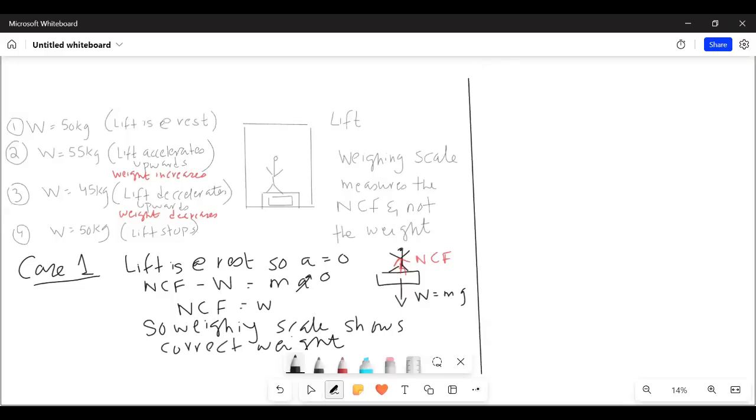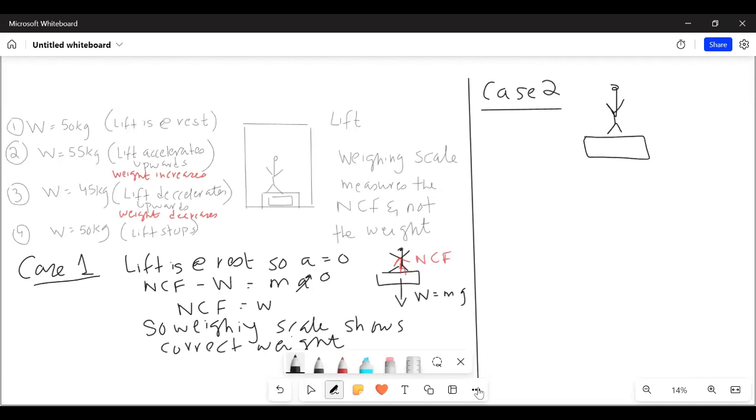So in the second case, what happens is that the lift grabs some speed and so it is accelerating and it's going upwards. So now let's look at the person and the weighing scale. Now it's going upwards and it's accelerating.